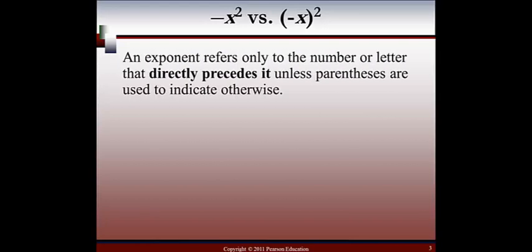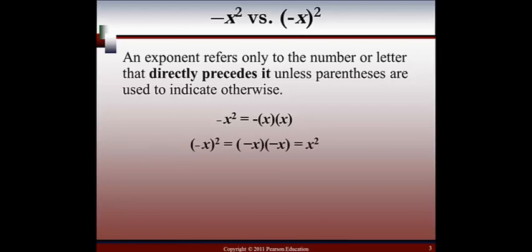An exponent refers only to the number or letter that directly precedes it, unless parentheses are used to indicate otherwise. So we have a negative x raised to the 2nd power. This is the same as negative, and then parentheses x, parentheses x. Notice there's only one negative being represented, and that's because the power refers only to that x.